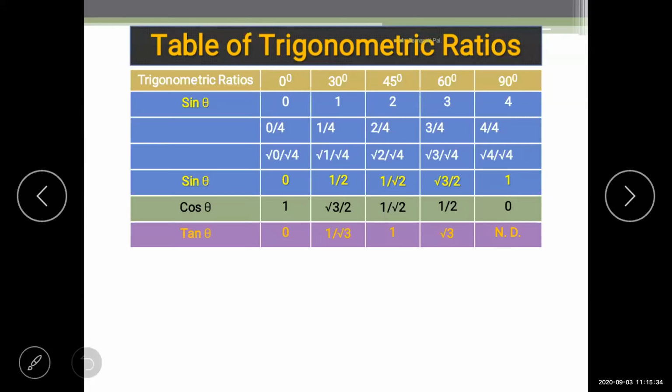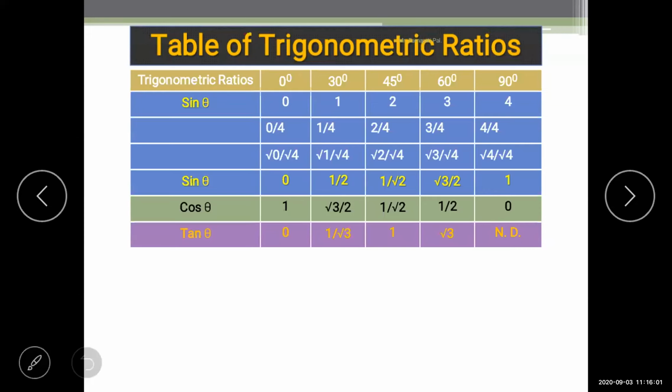We know that sine 90 is 1 and cos 90 is 0. So 1 upon 0 is equal to tan theta, that is tan 90. So it is not defined. Okay, so I have written ND. Is it clear?